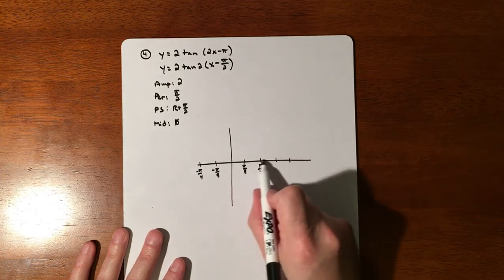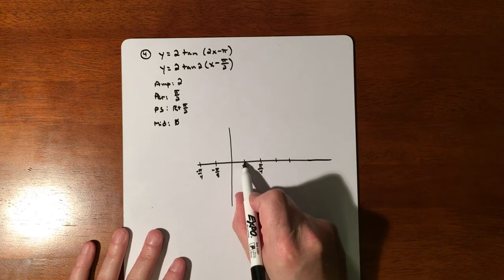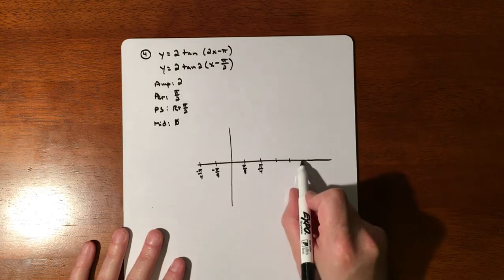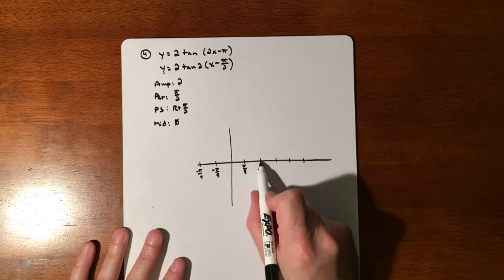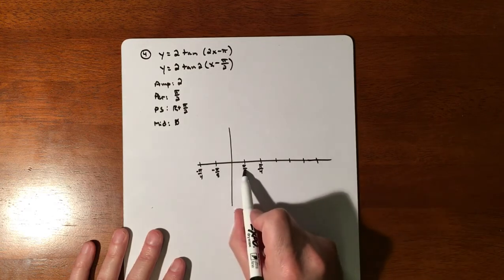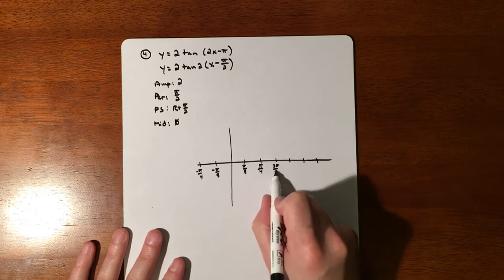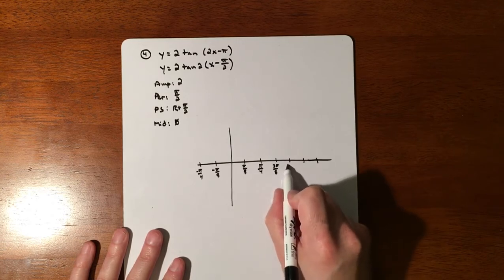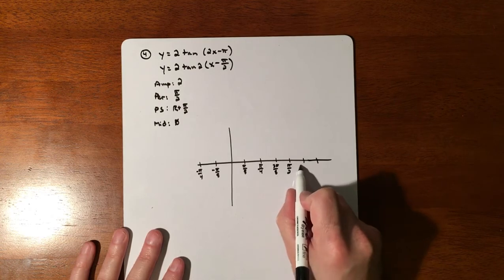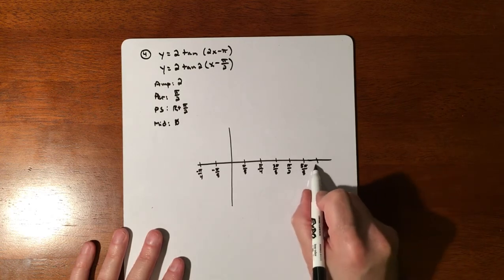So that point will shift 4 spots to the right. This point will shift 1, 2, 3, 4 spots to the right, and that will shift 1, 2, 3, 4 spots to the right. So that's 1/8, 2/8, 3/8, 4/8, 5/8, and 6/8.